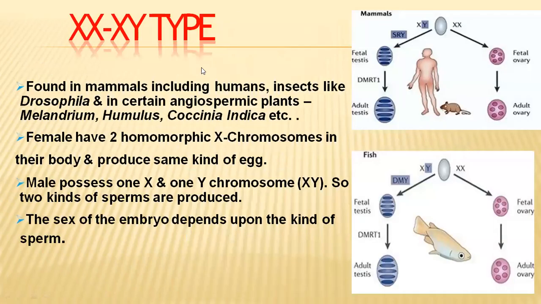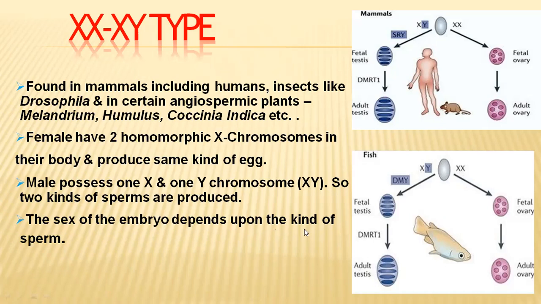And the XX-XY type system can be seen in human beings, insects like Drosophila, and some angiospermic plants like Melandrium, Humulus and Coccinia indica. In this, females have two X chromosomes, so they produce the same type of ova, all possessing an X chromosome. Males possess one X and one Y chromosome, so they produce two types of sperms. Half will have an X chromosome, the remaining half will have a Y chromosome.